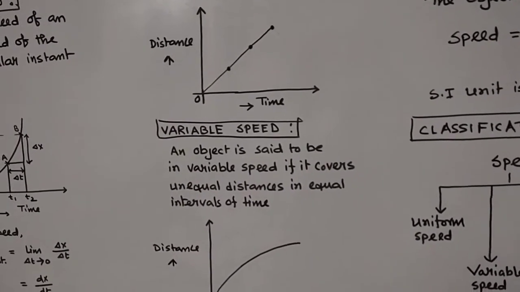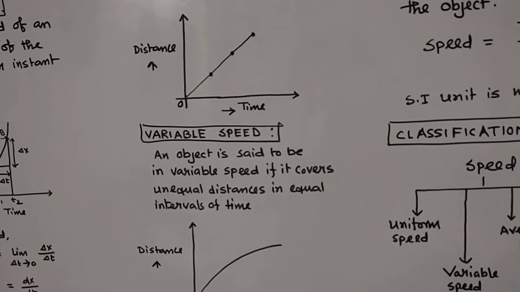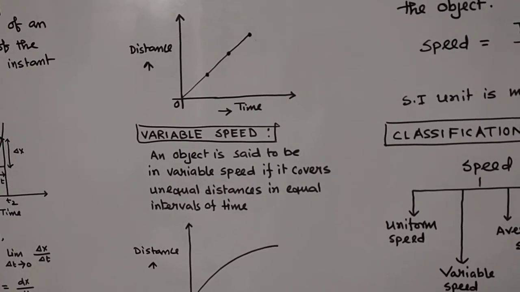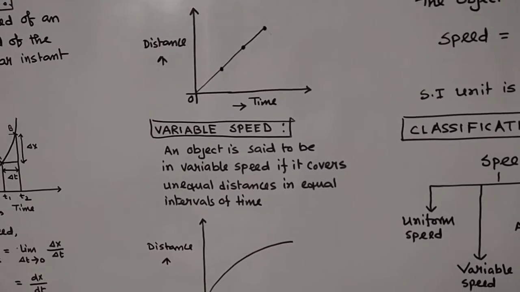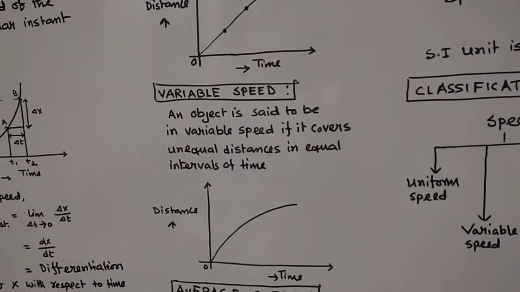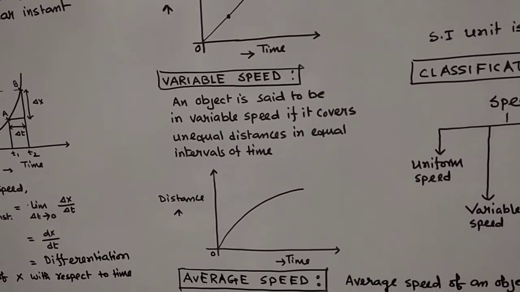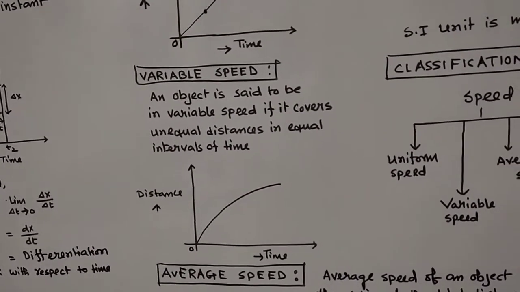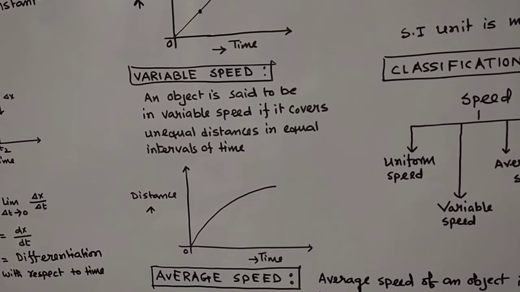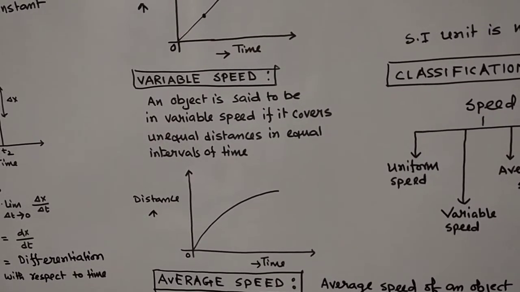That is also correct. So as per the statement, an object is said to be in variable speed if it covers unequal distances in equal intervals of time. If we plot a distance versus time graph, in case of variable speed, it is no longer a straight line, rather it is a curve.